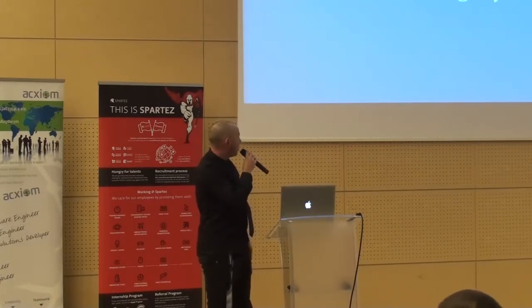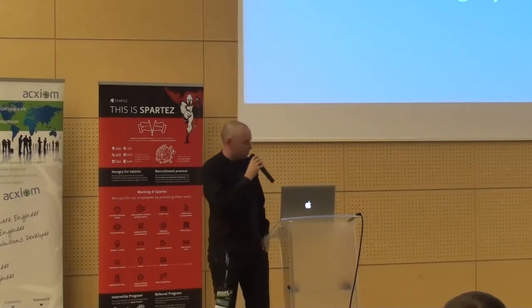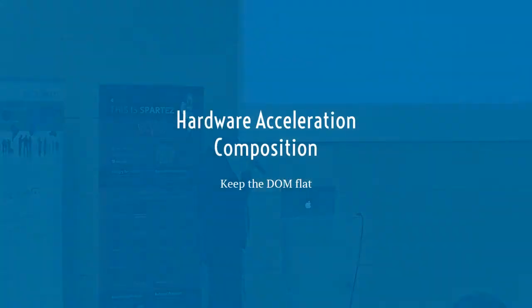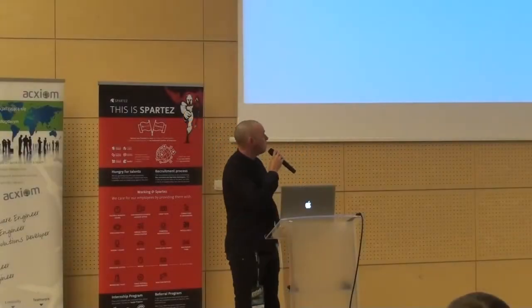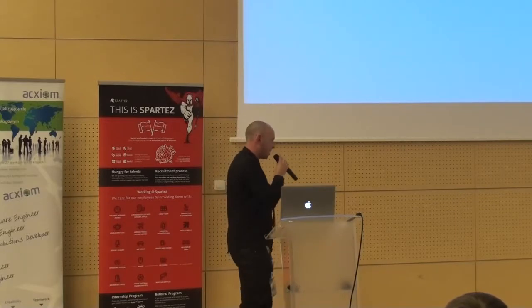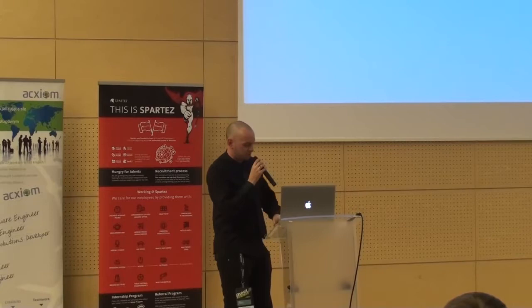And yeah, 3D rendering layers eat up GPU memory. With hardware acceleration composition, you need to keep the DOM flat because it will cost you. If you have a div that is hardware accelerated and inside it a div that is not, and inside that a div that is again hardware accelerated, you will get very poor performance.